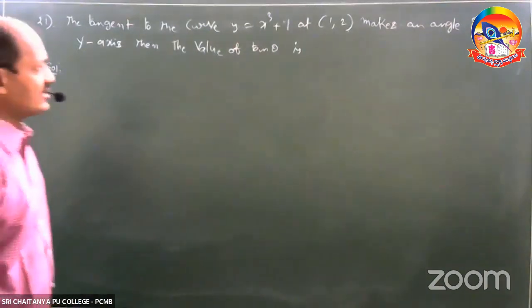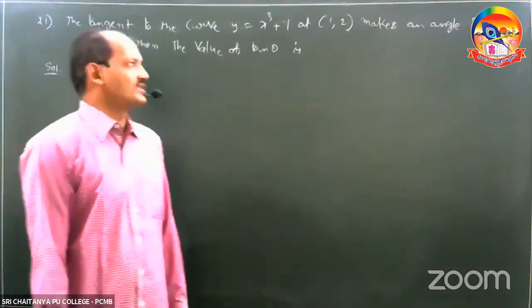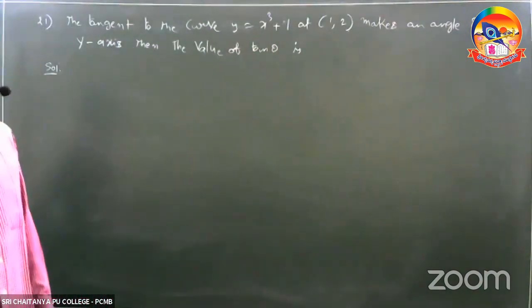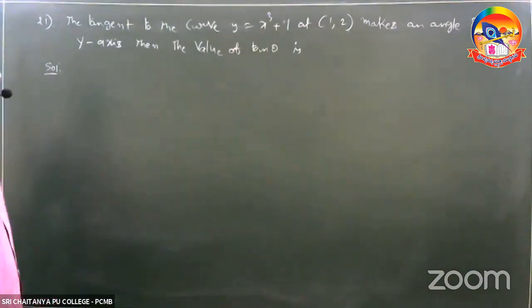The tangent to the curve y is equal to x cube plus 1 makes an angle theta with the y-axis.